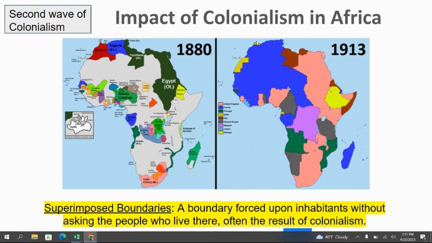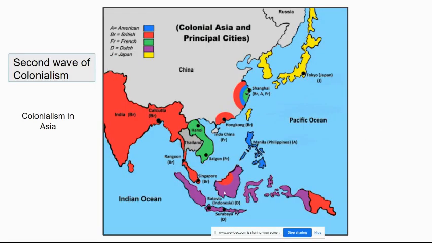So what was created here were these new boundaries. So going back to our concept of boundaries, the European countries created what we know as superimposed boundaries. So a superimposed boundary is a term that's used for a type of boundary that's forced upon people. It's forced upon its inhabitants without asking the people who live there, and it's often the result of colonialism.